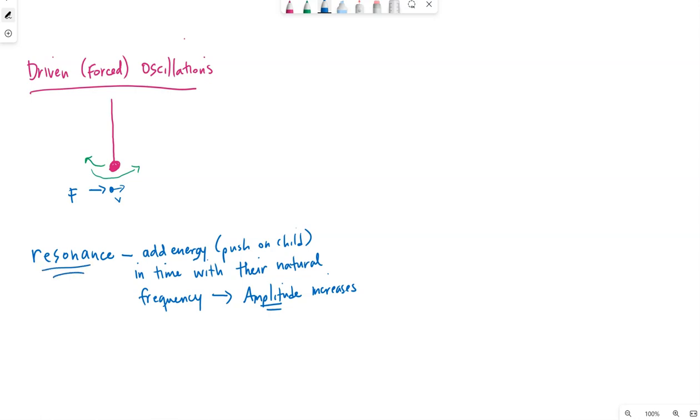The term for that is resonance. So we get a larger amplitude as time goes on.